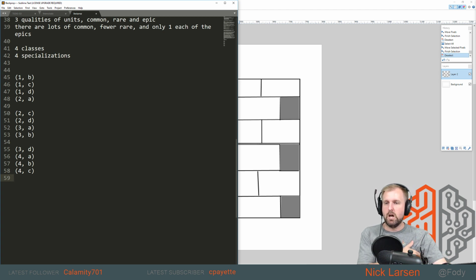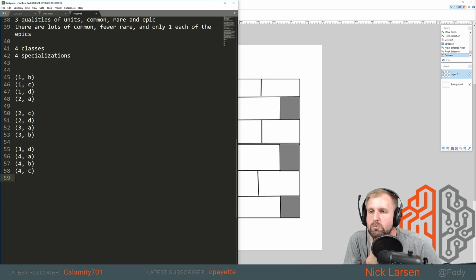You want common units, rare units, and epic units. Each of these should show up no more than 2 times.